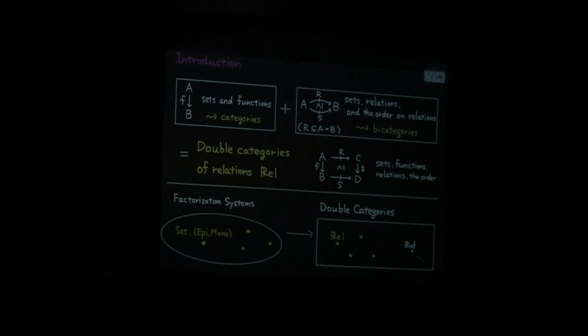In this talk, I'm going to explain the construction of double categories from stable factorization systems and provide an overview of the characterization of the image of this construction. I divided this talk into three parts.